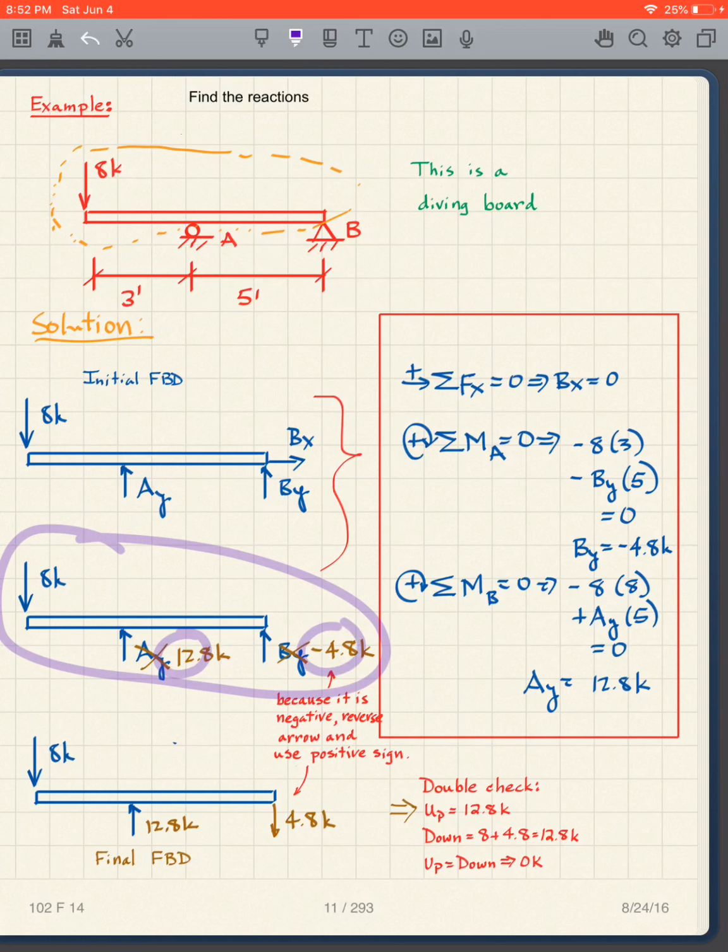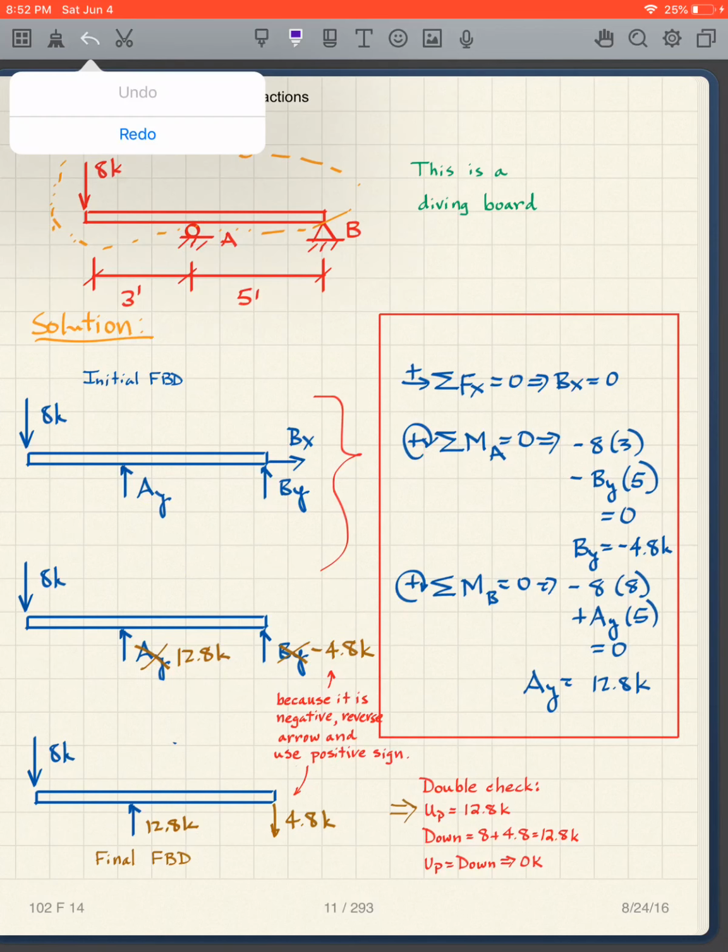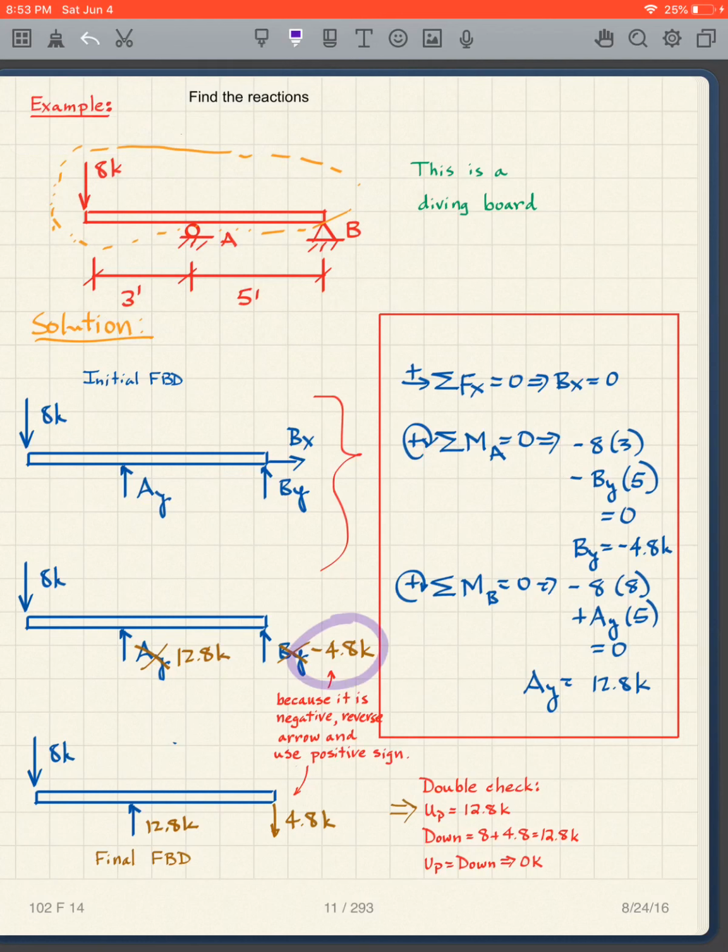12.8, negative 4.8. Now, here's the way that we handle that. We don't like to see this negative sign here. So the way that we handle it is this. Instead of going upward at a negative 4.8, that means the same thing as going downward at a positive 4.8.